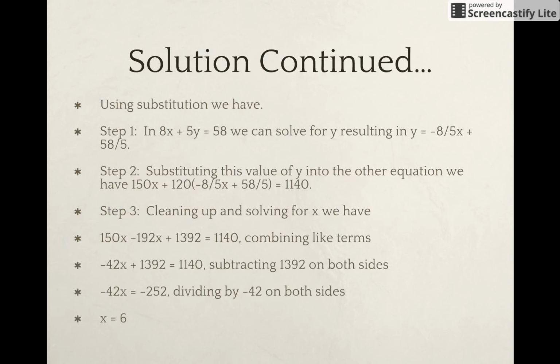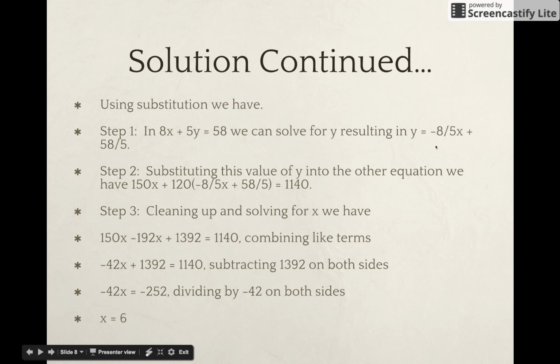And so we'll follow the steps outlined in the previous presentation. Step 1, we'll choose 8x plus 5y equals 58, and we will solve for y. That results in y equals negative 8/5 x plus 58/5. Remember, with substitution, we now have an equivalent way of saying y.